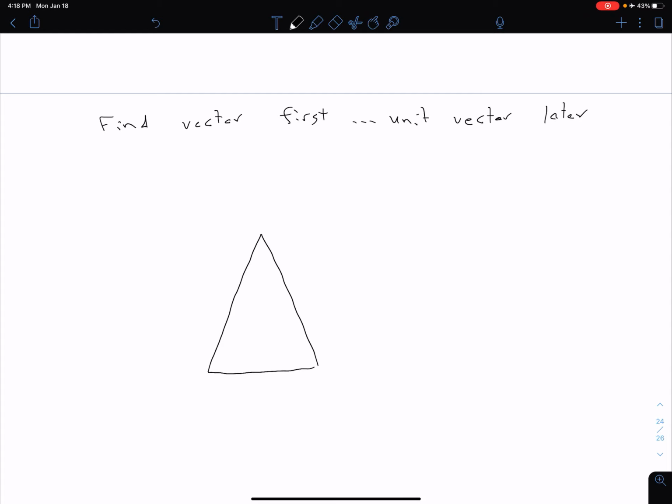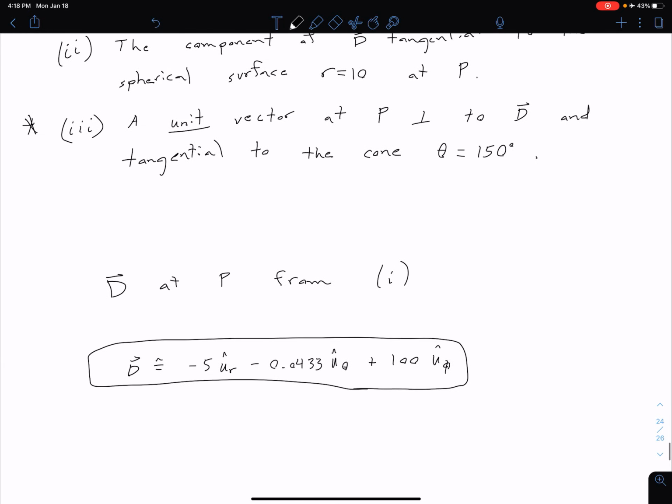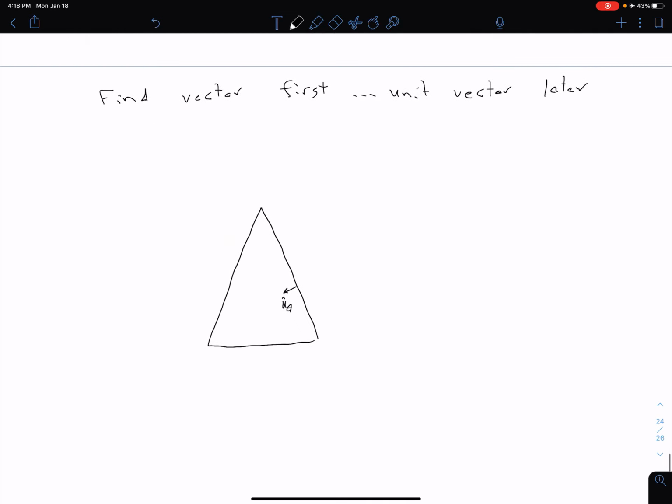Now our theta unit vector is going to be in this direction here, pointing towards the middle of the cone. So this is our u of theta. And let's remind ourselves we want something that is tangential to this cone, along the surface of the cone, but perpendicular to our D at that point P.